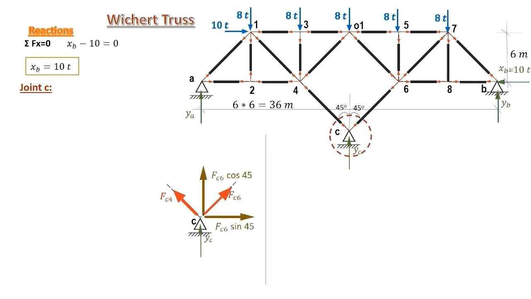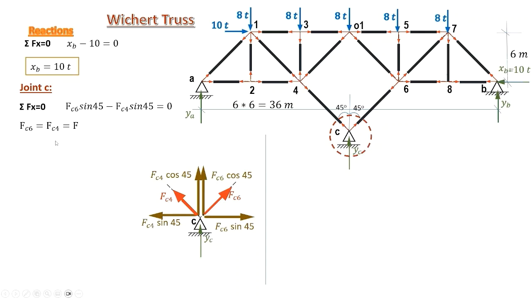Of course, we will analyze each force into its vertical and horizontal components, and note that all angles here are 45 degrees. Considering sigma forces in the x direction, we consider the horizontal components, and this concludes that the internal force in member C6 equals the internal force in member C4, and let's have the notation as F for simplicity.